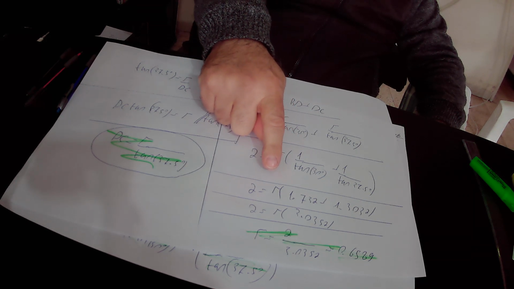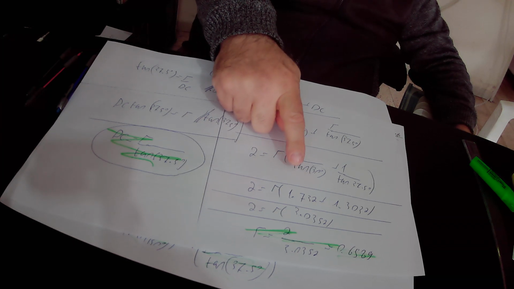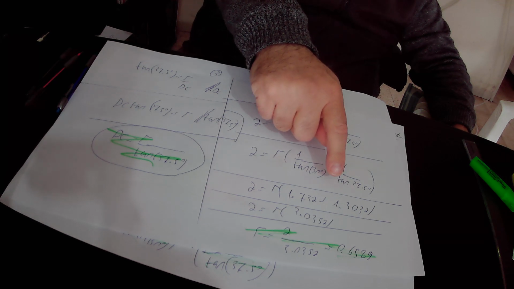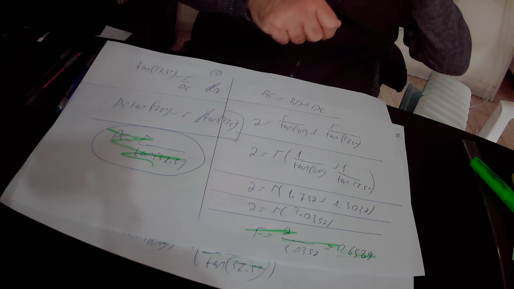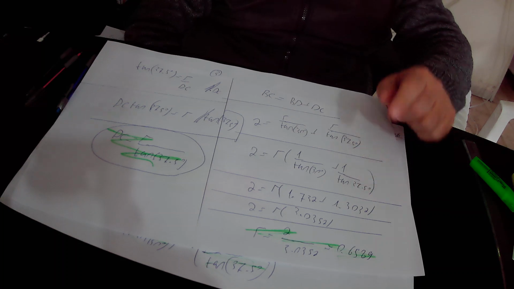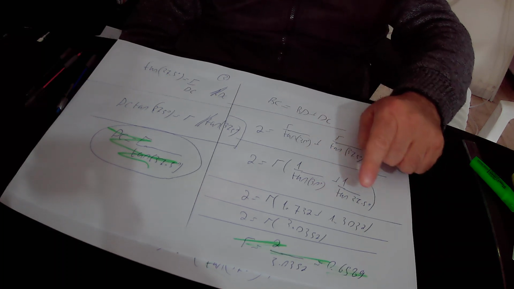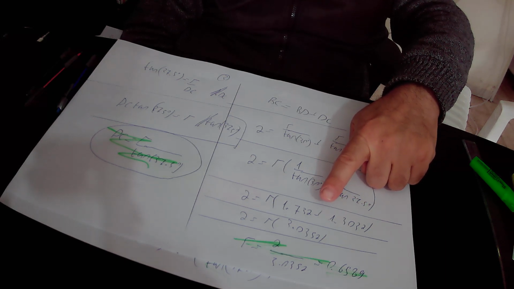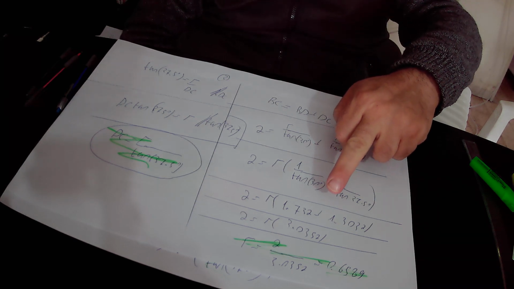So 2 equals R times the bracket, where 1 over tan 30 degrees equals 1.732 and 1 over tan 37.5 degrees equals 1.3032. 1.732 plus 1.3032 is 3.0352. So we found that 2 equals R times 3.0352.